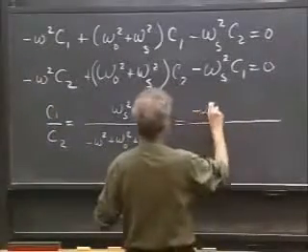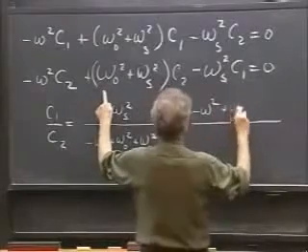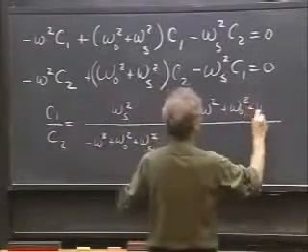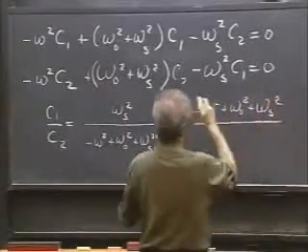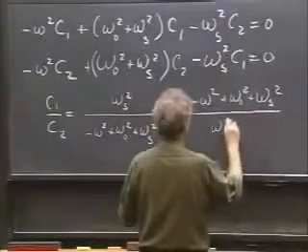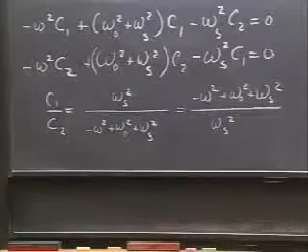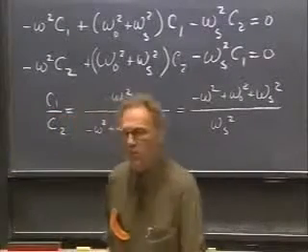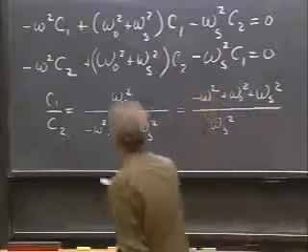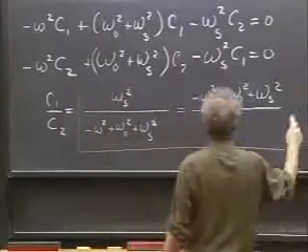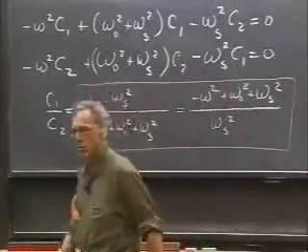So I get minus omega squared, plus omega 0 squared, plus omega s squared, and I get downstairs omega s squared. And now I have eliminated C1 and C2, because if I solve this equation, I get my solutions for omega.